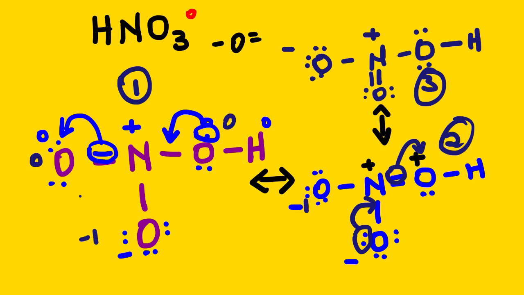Looking at this one, we have negative 1 and positive 1. Looking at the electronegativity of these elements, oxygen is more electronegative. Negative charges tend to be claimed by the most electronegative elements.